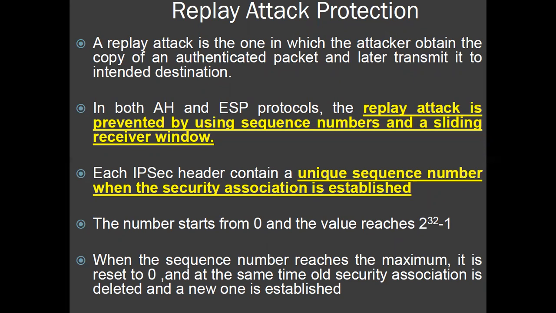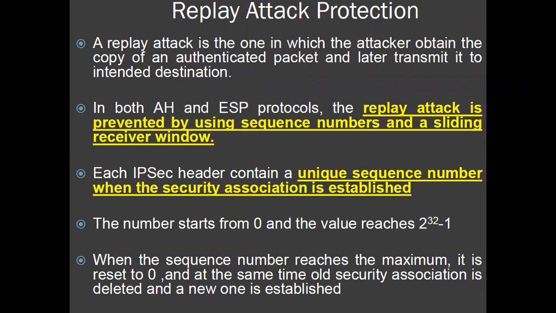Each IPSec header contains a unique sequence number when the security association is established. The number always starts with 0 and increases until the value reaches 2 raised to 32 minus 1. Why only up to 2 raised to 32 minus 1? If you remember, in both AH and ESP, the size of the sequence number field is 32 bits only.